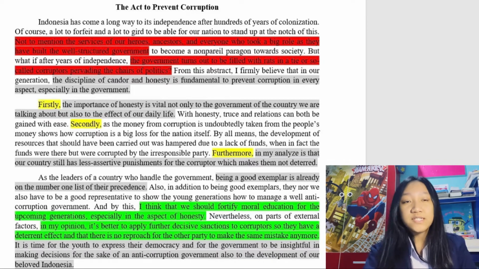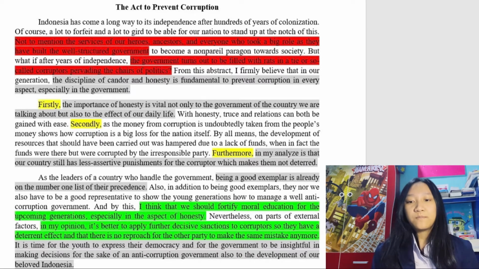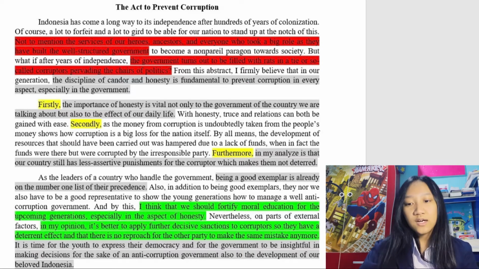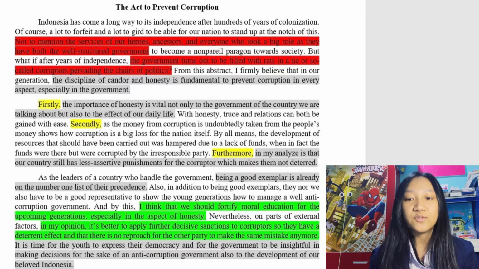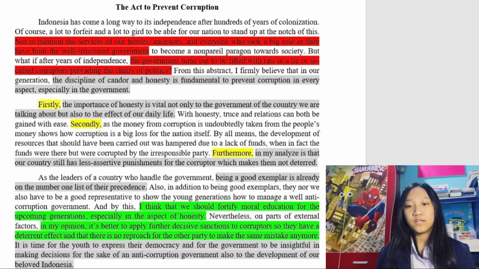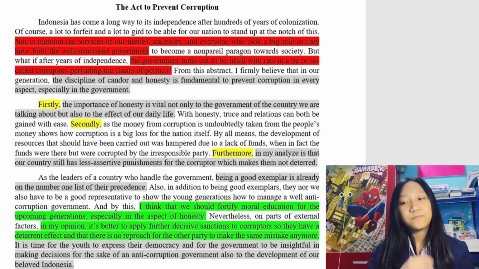And the third paragraph, which is the last paragraph, is the recommendations, because over here I put some conclusion and a suggestion or a recommendation to the issue I'm talking about, and it is shown by the green color. I think that we should fortify moral education for the upcoming generations, especially in the aspects of honesty, and in my opinion, it's better to apply further decisive sanctions to corruptors so they have a deterrent effect, and that there is no reproach for other party to make the same mistake anymore.